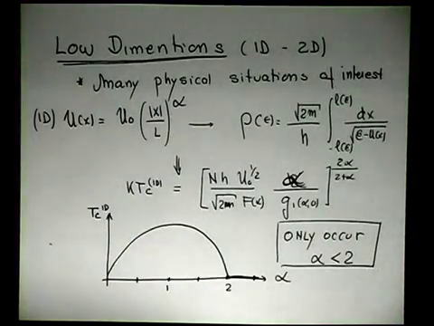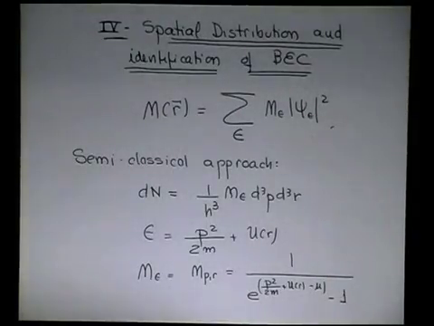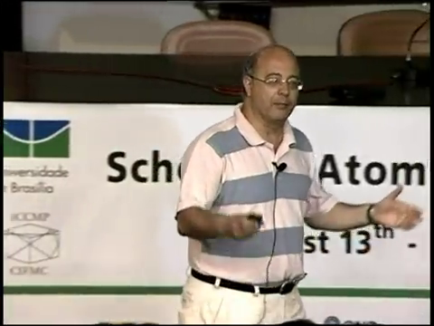Well, low dimensions, I'm going to jump, I'm sorry. But you can have Bose condensation. Considering an ideal gas and the simple analysis I'm making, you can have Bose condensation in 1 and 2 dimensions. No problem. You cannot have it in a homogeneous potential, but you can have it in a non-homogeneous potential.